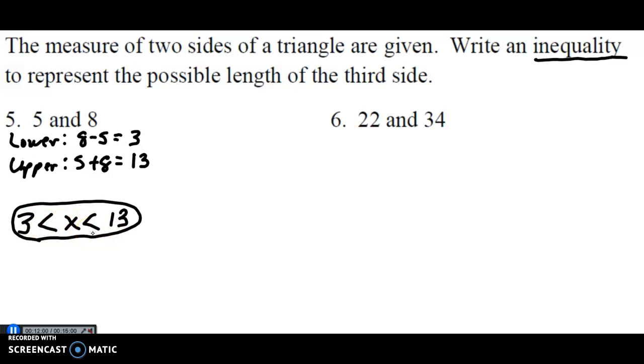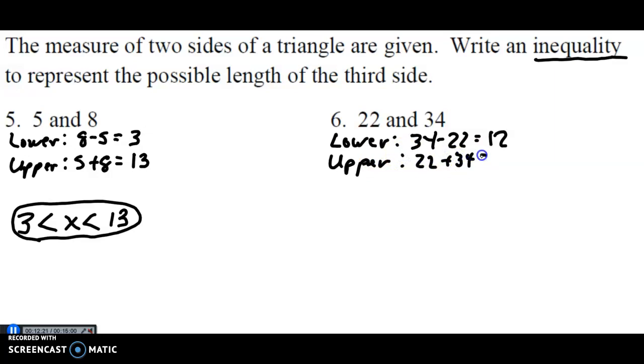Take a look at number 6. Again, I want to find the lower limit. So I'm going to do 34 minus 22, which is 12. And I'm going to find the upper limit, which is 22 plus 34, which is 56.